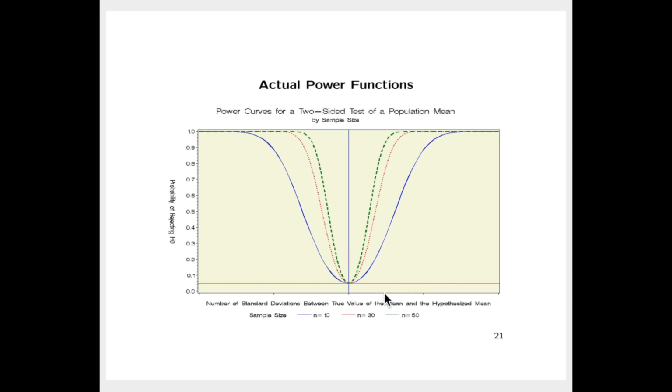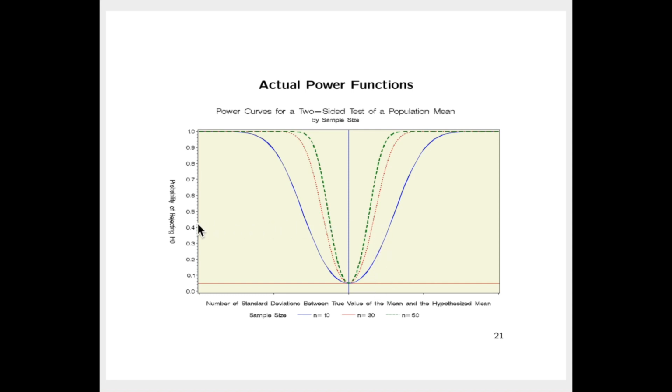With a sample size of 30, the power would be about 0.66. And with 50 observations, the power looks like over 90%. So we can see here that the power depends on the sample size, and the larger the sample size, the greater the power.